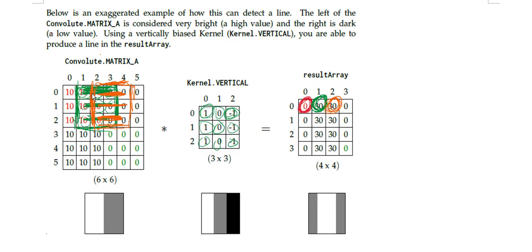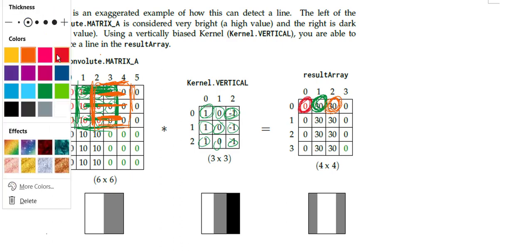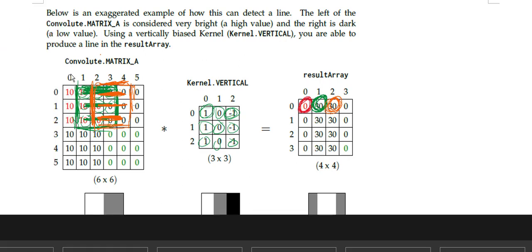And then let's use the blue color. And then you shift to the next block. Next block is here. When you shift to this block, you count, right? 1 times 0 is 0, 0 times 0 is 0, negative 1 times 0 is 0.